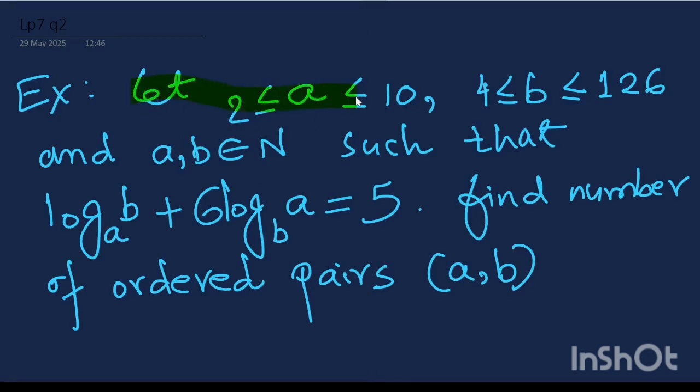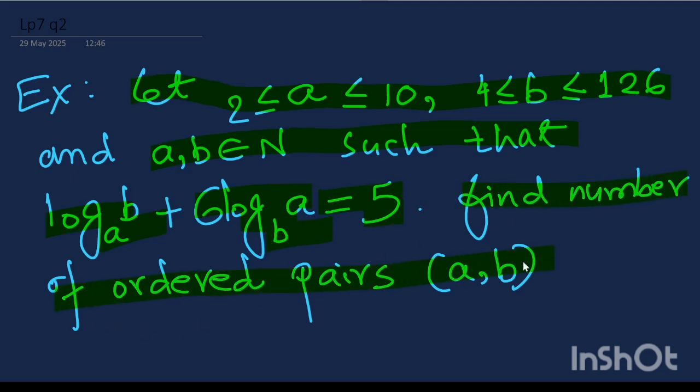Let A be between 2 to 10, B between 2 to 126, both included, and A, B are natural numbers, such that log B base A plus 6 times log A base B is 5. Find the number of ordered pairs A comma B. So guys, let's understand the meaning of this question.